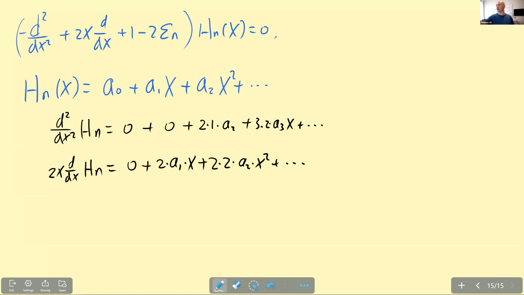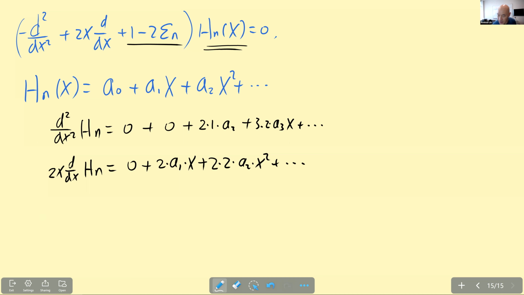Of course, you also have this term. Then you need to make sure this is 0. You must have all the collected coefficients be 0 for each order of x. So you have the resultant expansion.